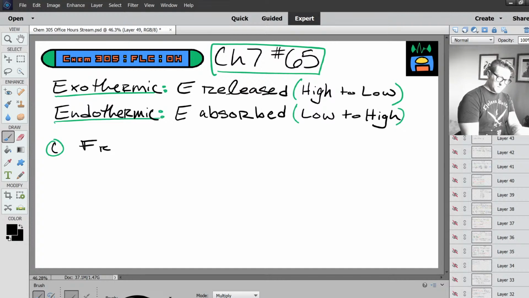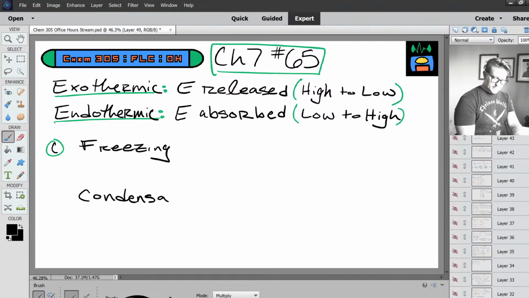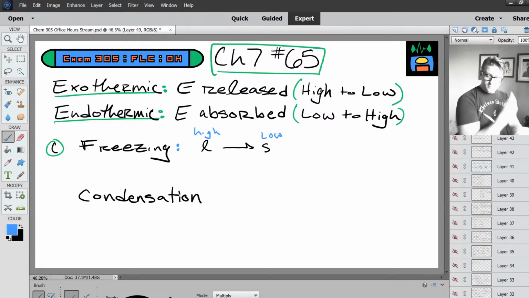Freezing and condensation. When we talk about freezing, we're talking about going from the liquid phase to the solid phase. Liquid is higher in energy than solid, so if we're going high to low, high to low means that this process will be exothermic.